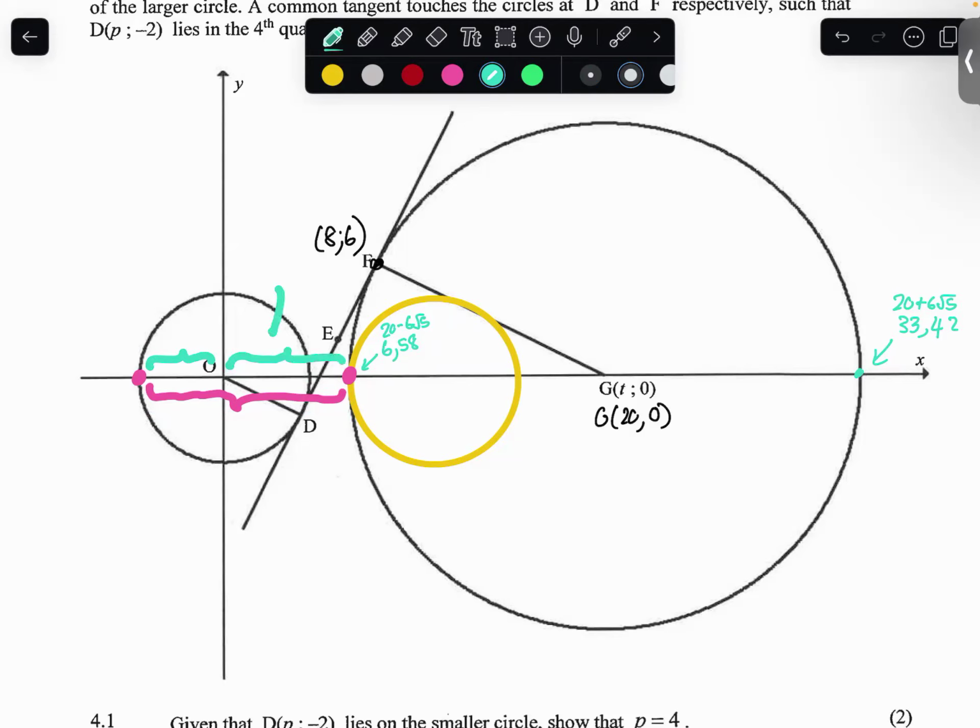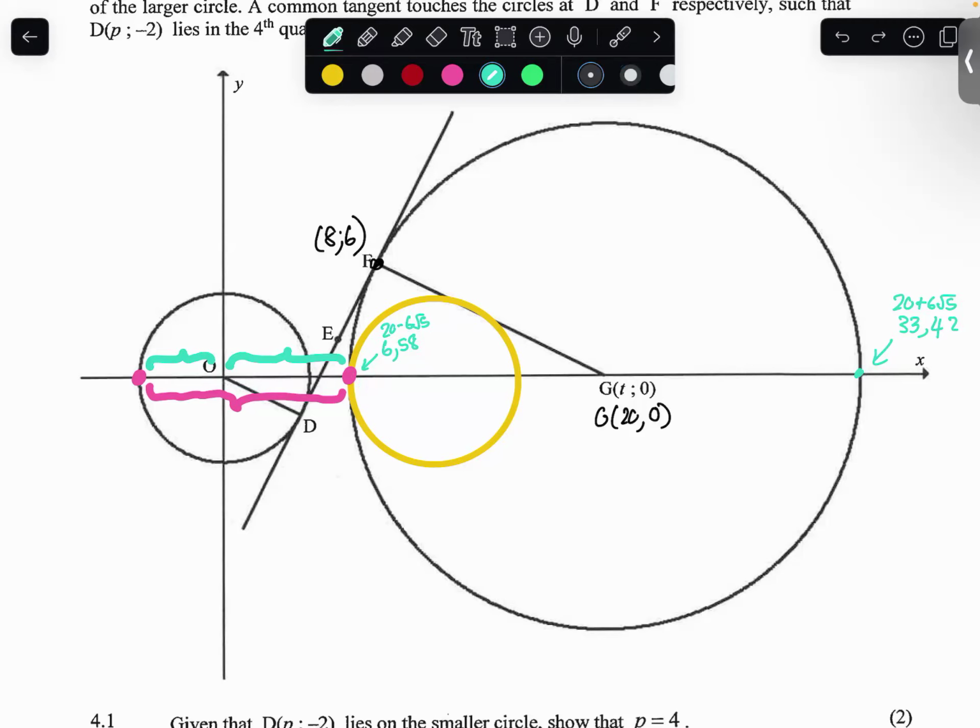Now, I know what this distance is. It's 6,58, because that's the x-intercept of the bigger circle, meaning from the origin to that point is 6,58.